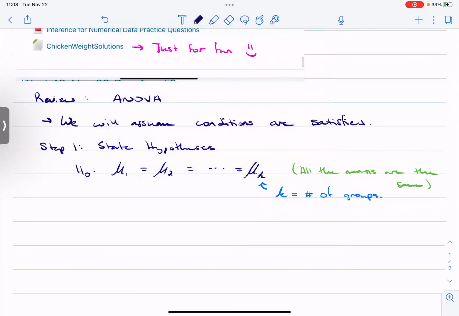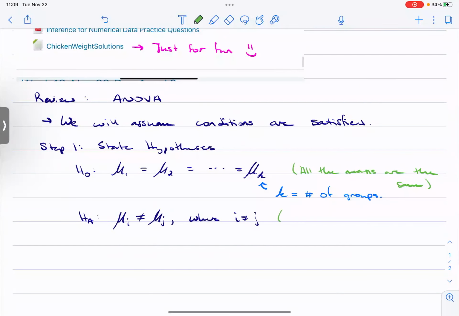The alternative hypothesis, then, doesn't tell us which mean is different, and that's what we're going to briefly tackle today, but it does tell us that there is one mu i that's not equal to mu j, where i can't be j, right? I have to be talking about 2 different groups. Okay. That's the notation that we would use.